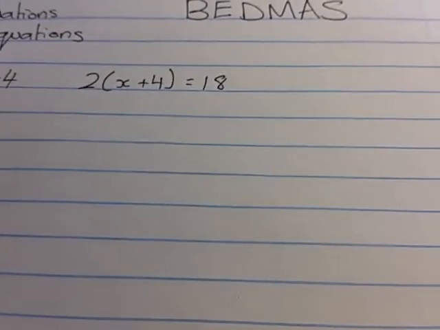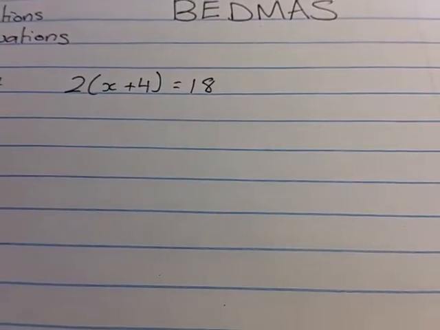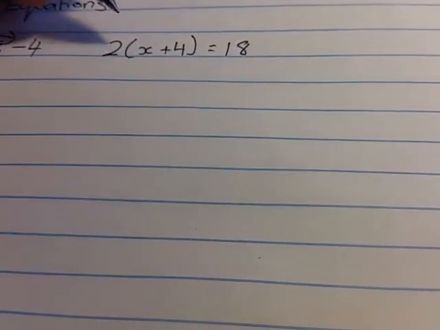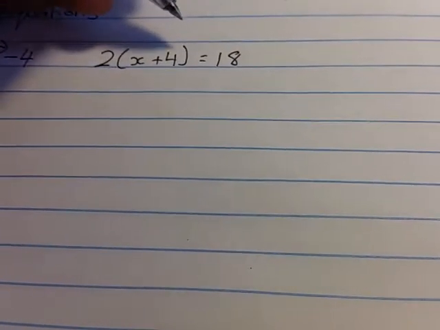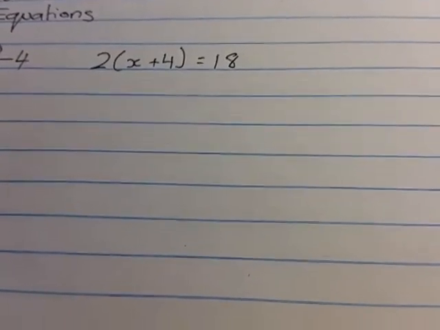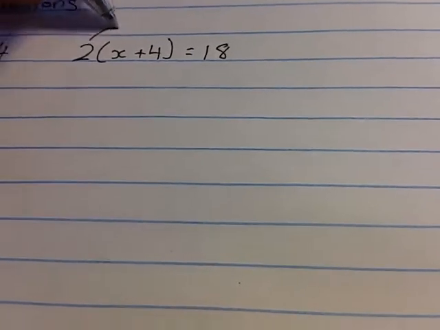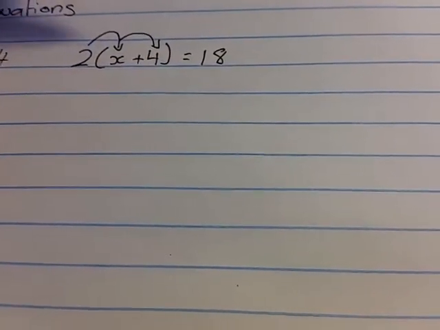Now, there are 2 ways in which you could actually solve for this. If some of you are thinking 2 into that bracket means distributive law, then yes, you can use distributive law. So you can do 2 times that bracket.